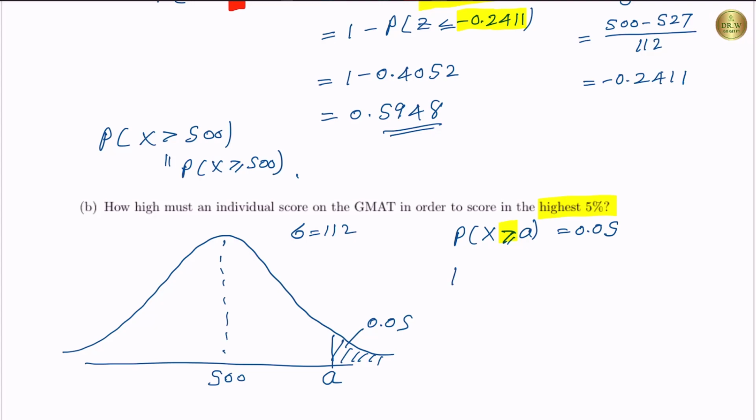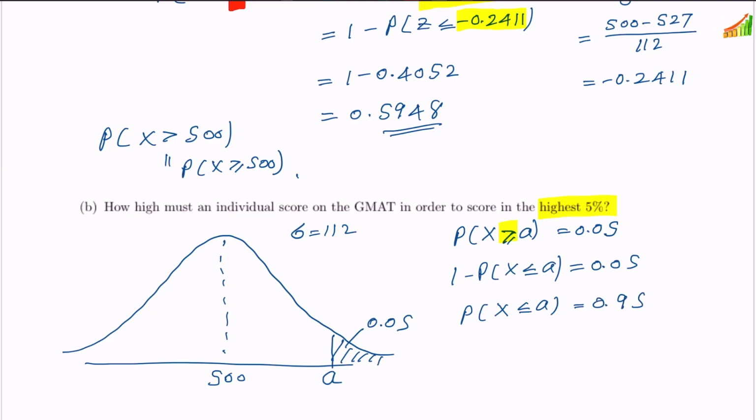Therefore, we write 1 minus the probability x less than or equal A equals 0.05. Then we can simplify this: x less than or equal A is 0.95.